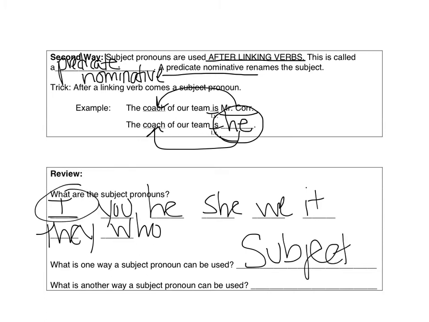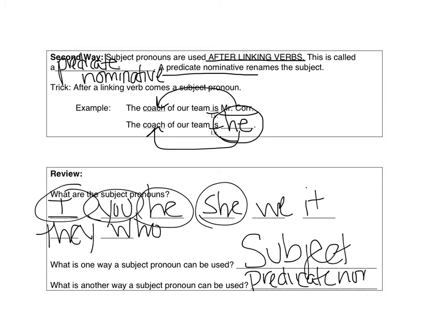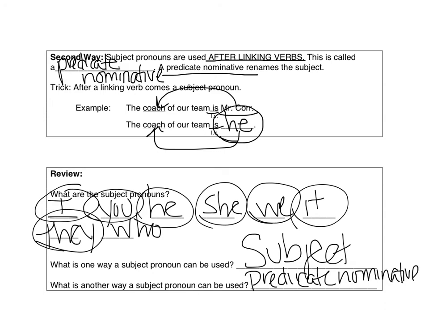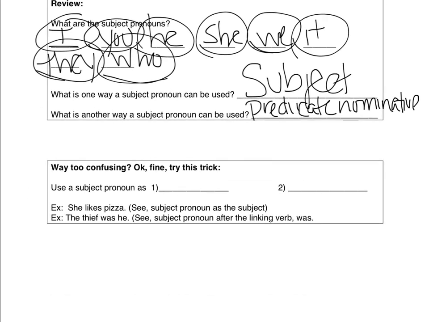I went to the store, you went to the store, he went to the store, she went to the store, or they can be used as a predicate nominative after a linking verb. So you could say the people in the car are we, the dog on the step is it, the people in the car are they, the people in the car are who.